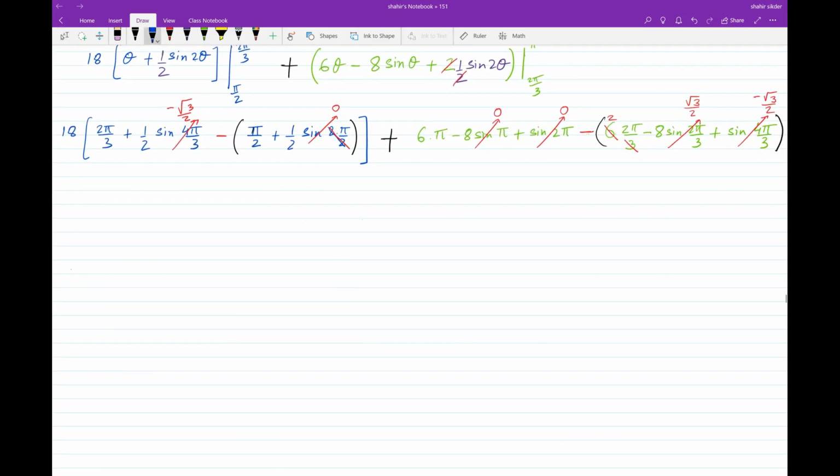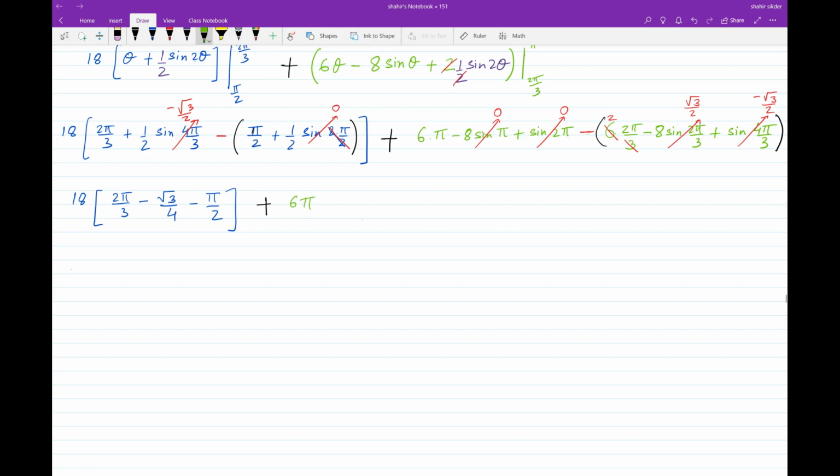Now if we clean it up, 18 outside multiplying with 2 pi thirds, positive times a negative is a negative root 3 over 4. If I distribute this negative, I have negative pi over 2, and all of this is 0, plus, let's do the green portion, I have 6 pi, this is 0, this is 0.